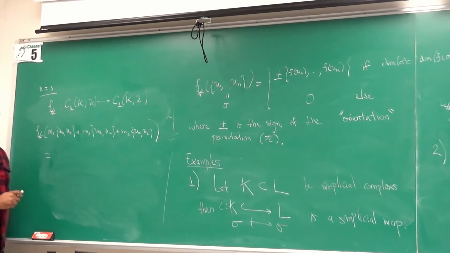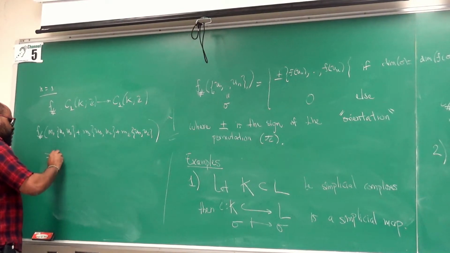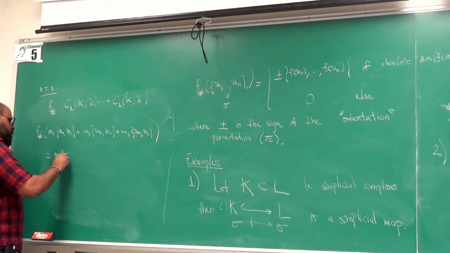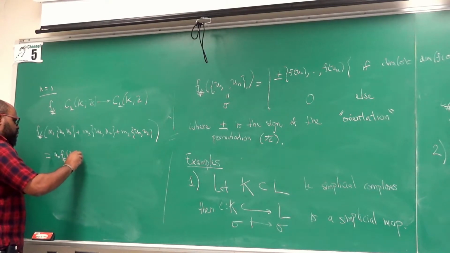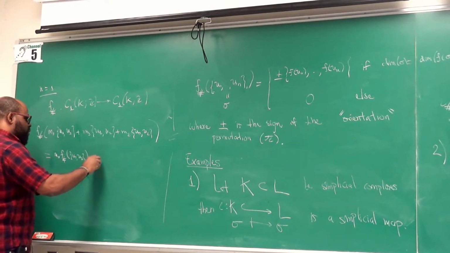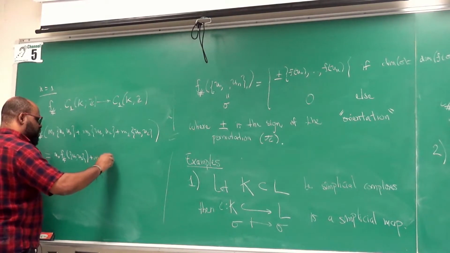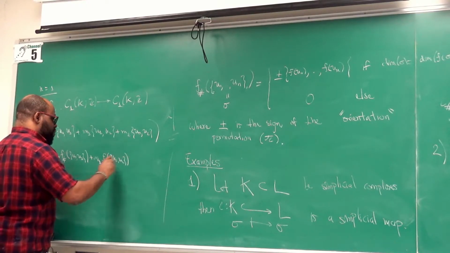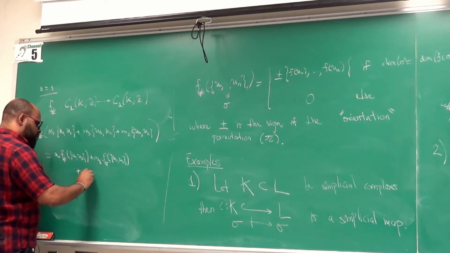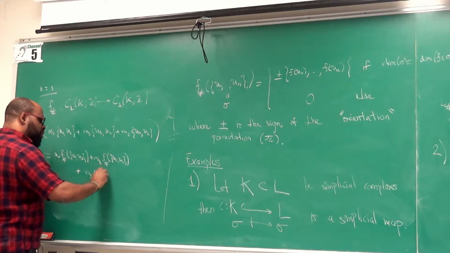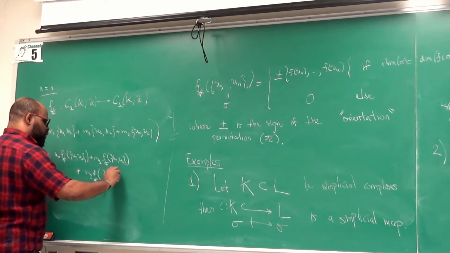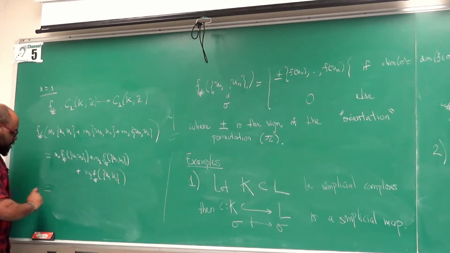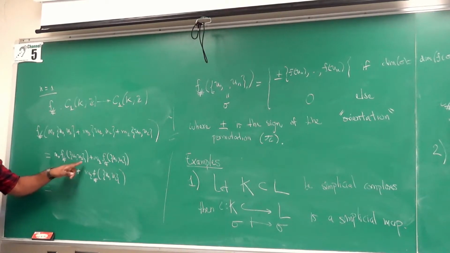Okay, so the first step is to use that all of this is linear, so we take out all the M's. So M0, F sharp of U0, U1, plus M1, F sharp, U1, U2, plus M2, F sharp, U0, U2. Okay, cool. Now let's investigate what these guys have to be.